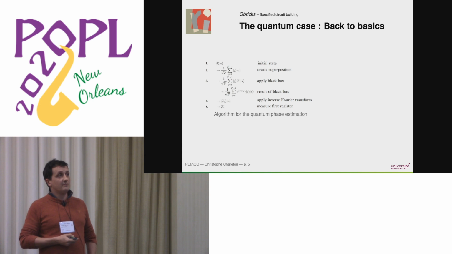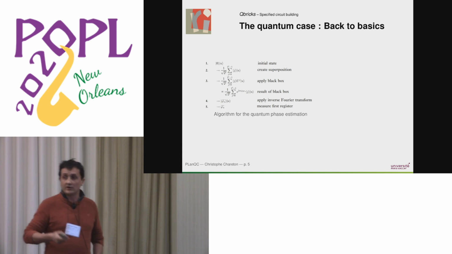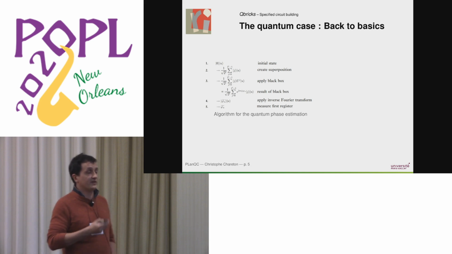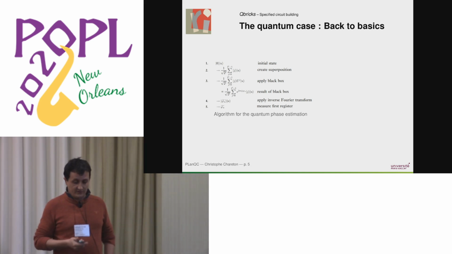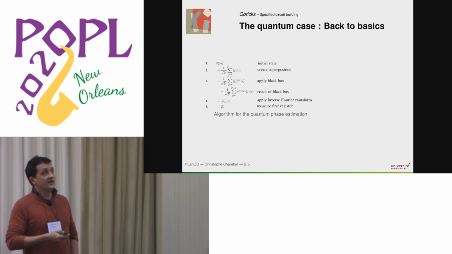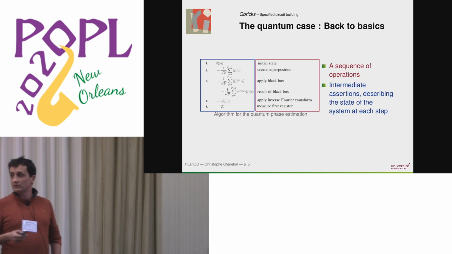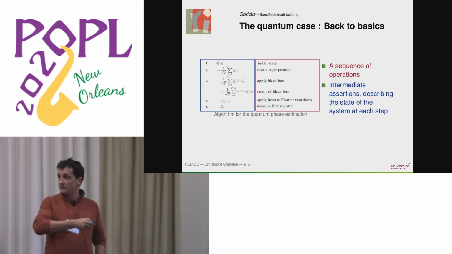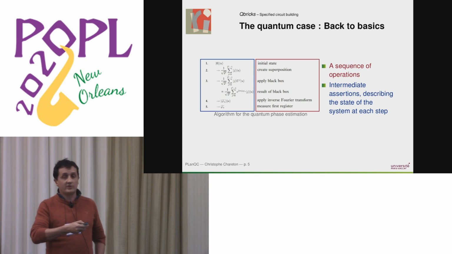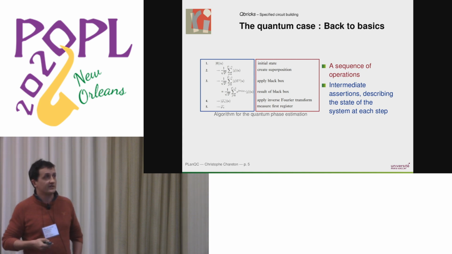Now, if we come back to what a quantum algorithm is, what are the algorithms that we want to implement and to verify? Here I put the phase estimation from Nielsen and Chuang again, and I just want to have a look at the very structure of this description of the algorithm, the way it is presented.